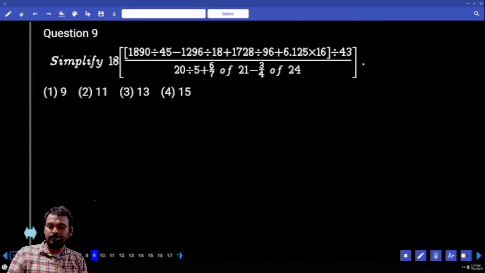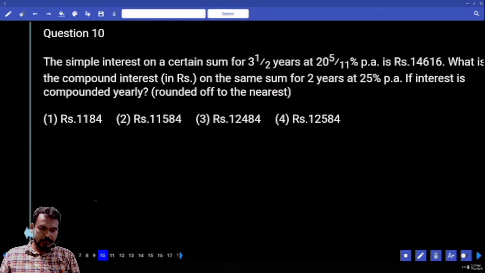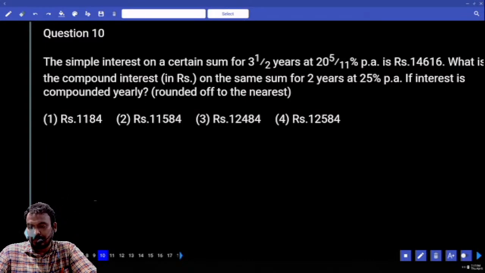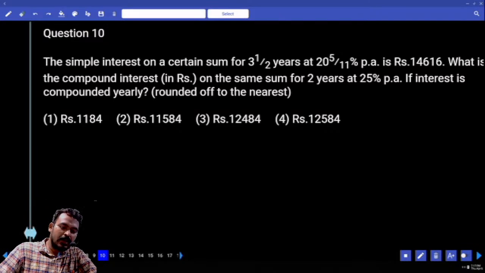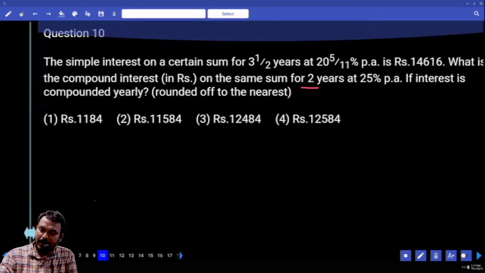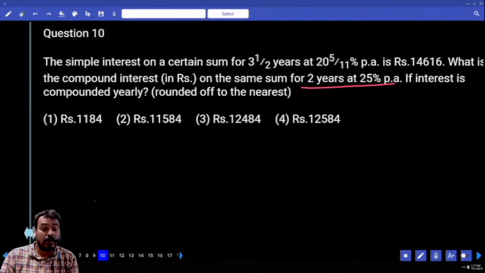Can I skip the question? Next, question number 10. The simple interest on a certain sum for 3.5 years at 25 by 11% per annum is 14616. What is the compound interest on the same sum for 2 years at 25% per annum if the interest is compounded yearly? First, what is the per annum rate? Compound interest 25%, time is given 2 years.